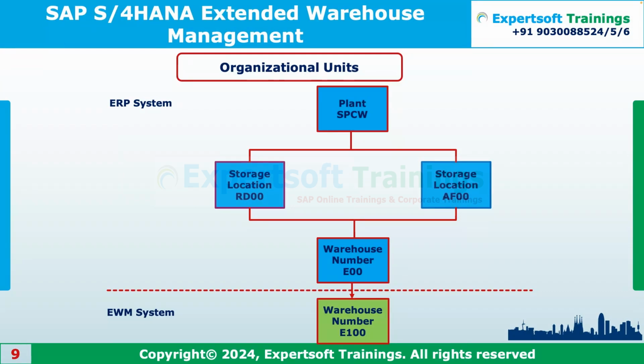Here in this business scenario, we will treat the plant as a central warehouse. Under this plant we will create two storage locations. Why we are creating two storage locations, we'll discuss in our upcoming sessions on availability group, but for now we need two storage locations.